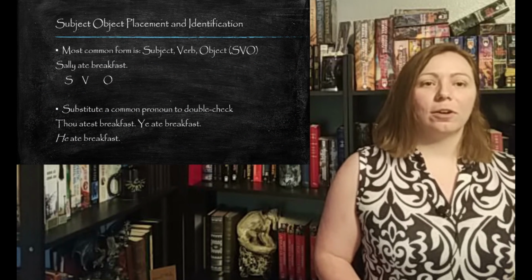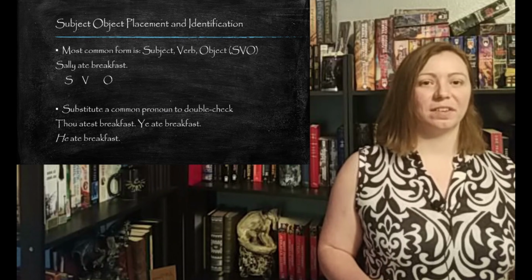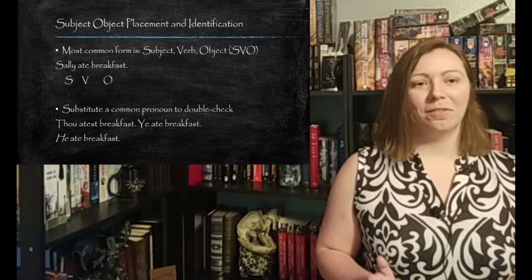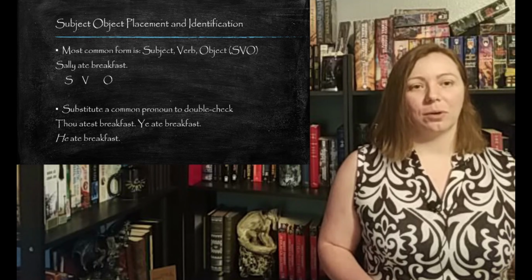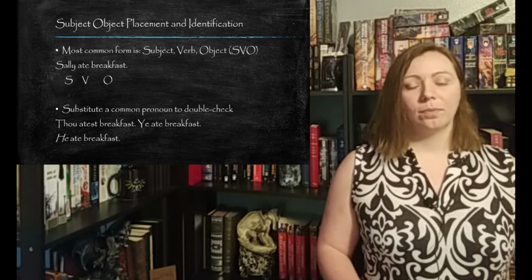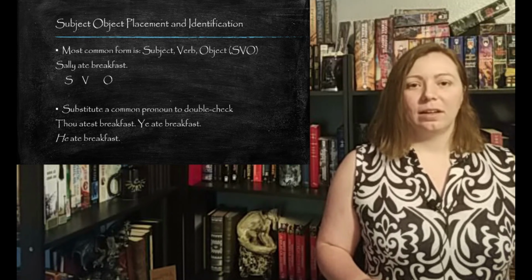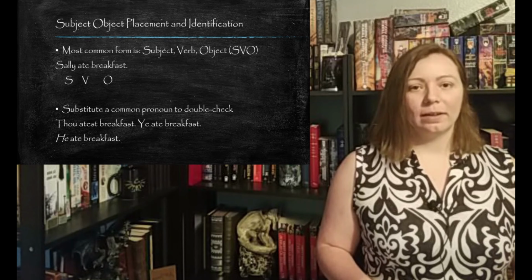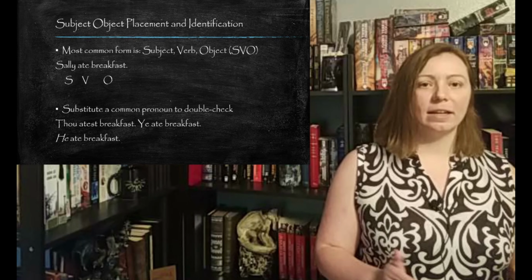So subject, verb, and object are just ways of defining parts of a sentence. And the simplest form of a sentence in English is going to be in that order, SVO, subject, verb, object. So I've identified here in this short little sentence that Sally is your subject, ate is your verb, and breakfast is your object. That's why you have that SVO.